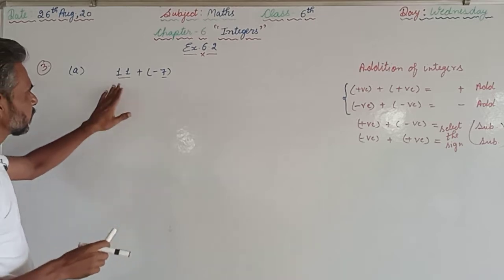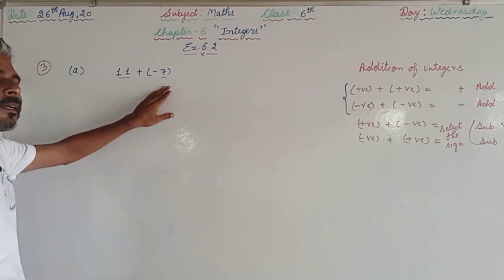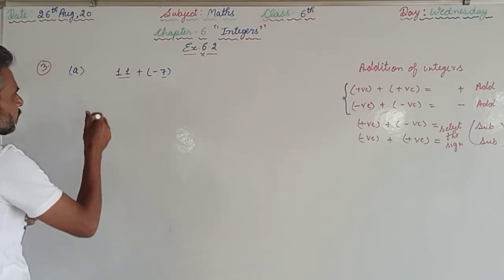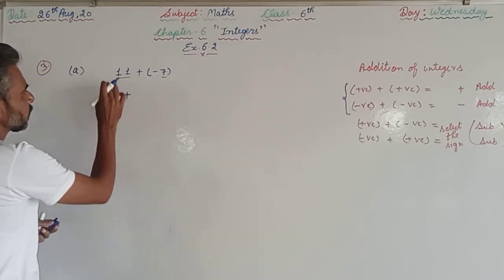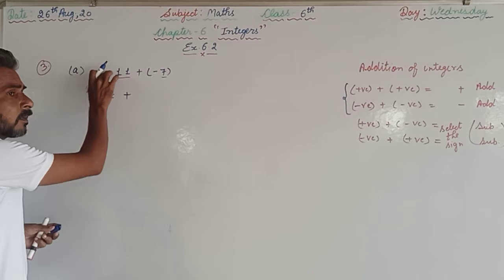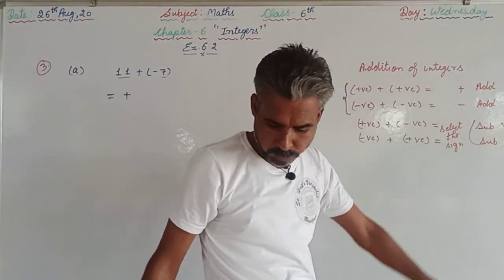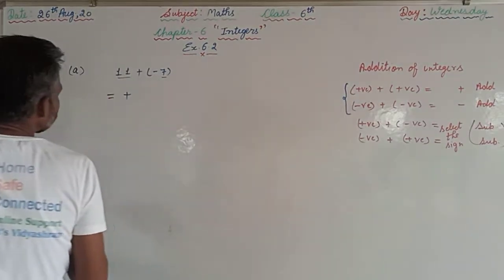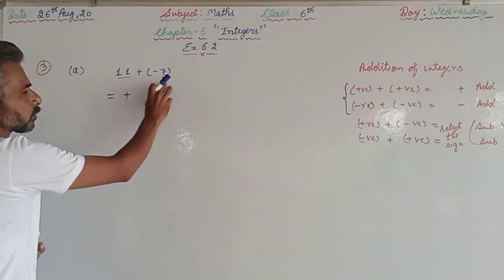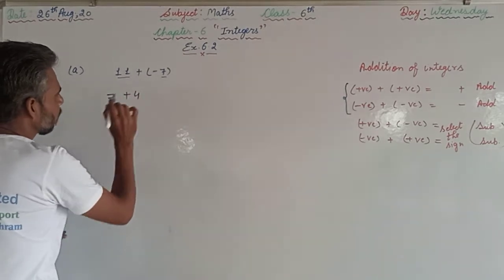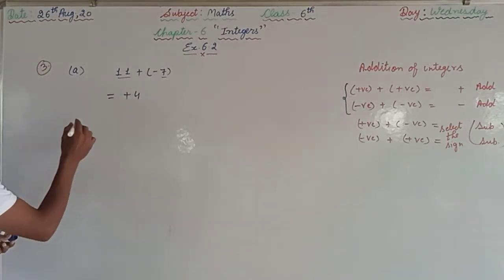Means 11 is greater or 7 is greater? 11 is greater. So what is the sign of 11? That is positive. If nothing is there, means that is the positive one. Afterwards, what we have to do? Subtract. We are supposed to subtract the smaller number from the larger number. Means 11 minus 7, that is 4. That is the first part.